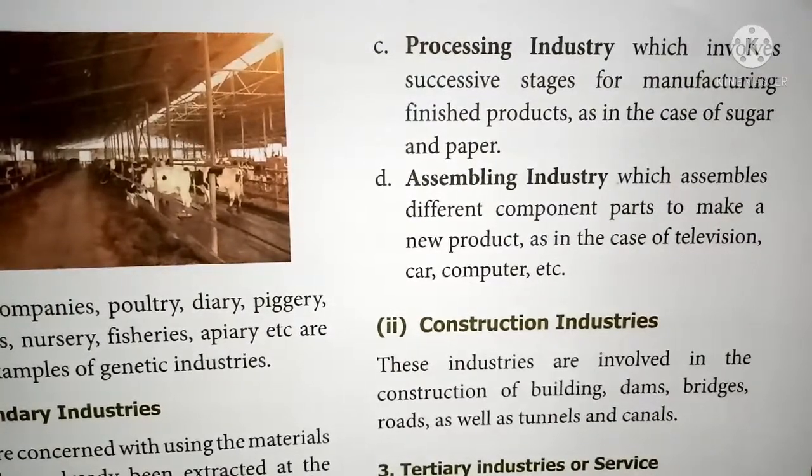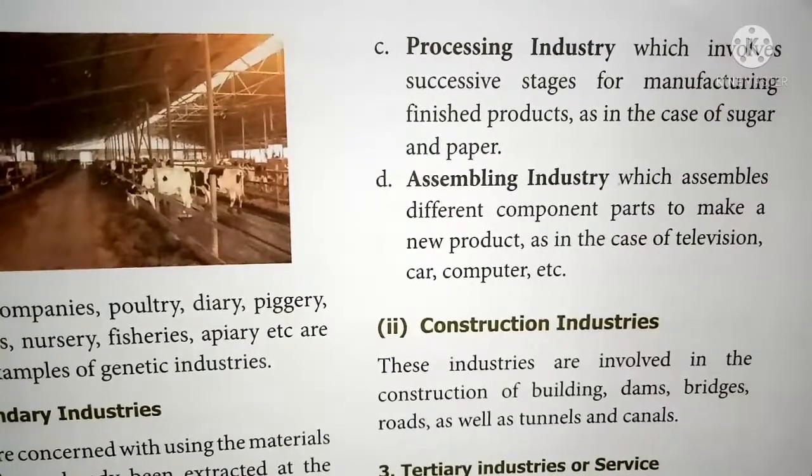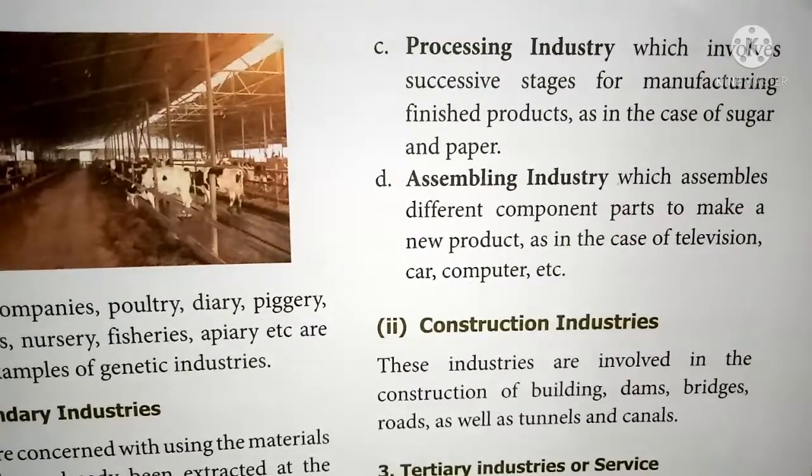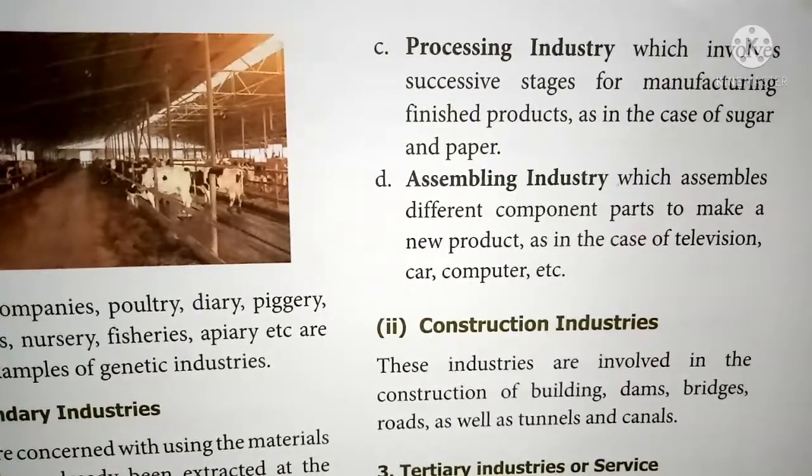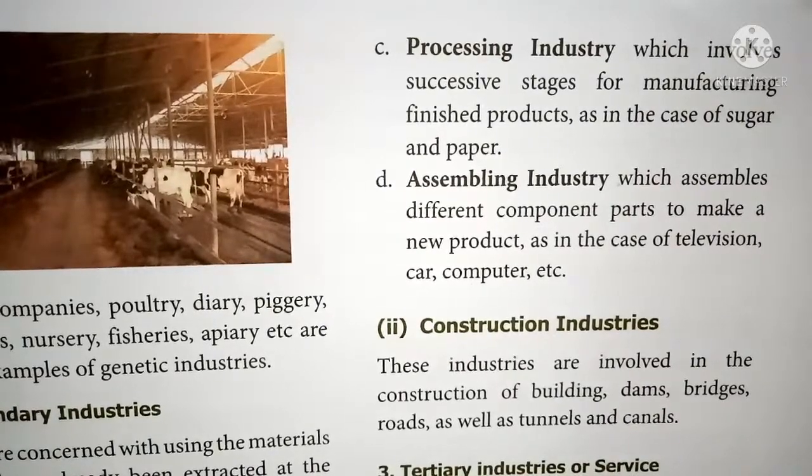Assembly industry assembles different components and parts to make a new product, as in the case of television, car, computer, etc. This type of industry is also a manufacturing industry, but it is an assembling industry. Various parts of a product are gathered and assembled into a new product.